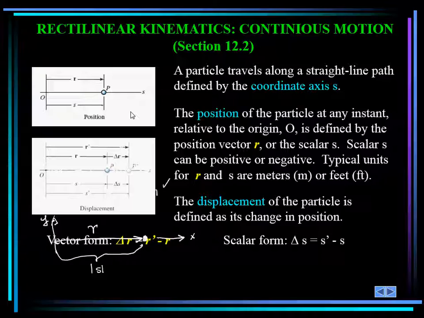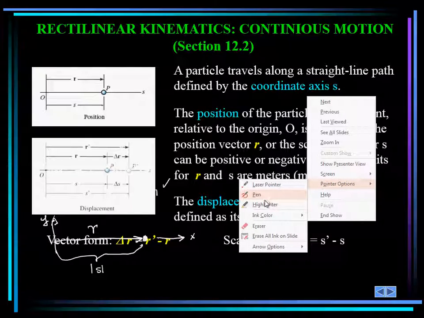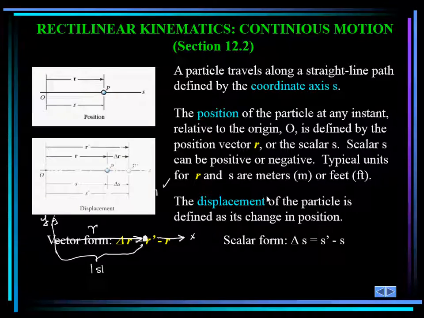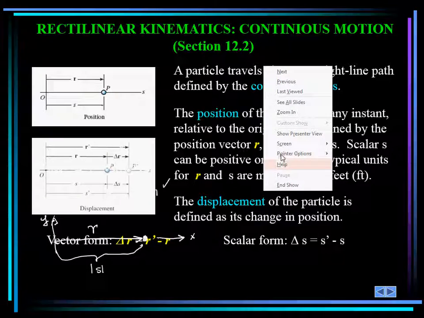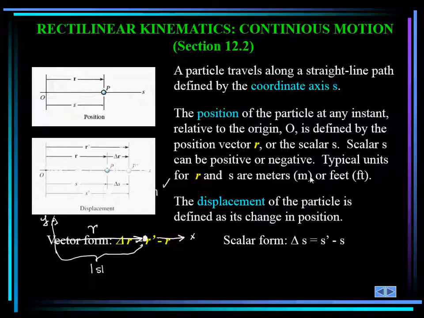In this case, the displacement is the change in position. So you could see that this would change from a to b. Let me just change the pen color for a second, so that we can see it a little better.